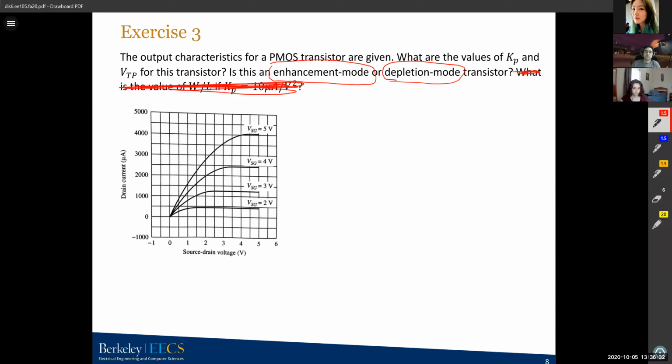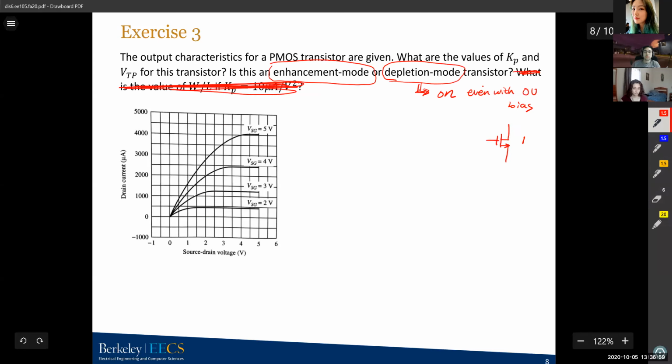The definition for a depletion mode transistor is this: the transistor is on even with 0 volts bias. So I will draw a transistor here.